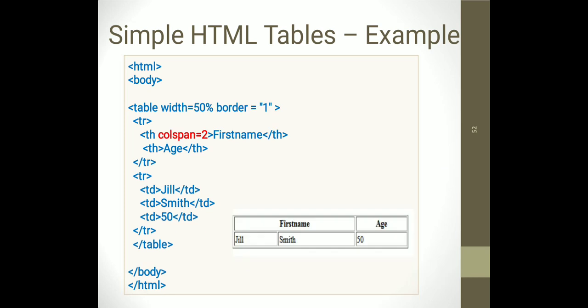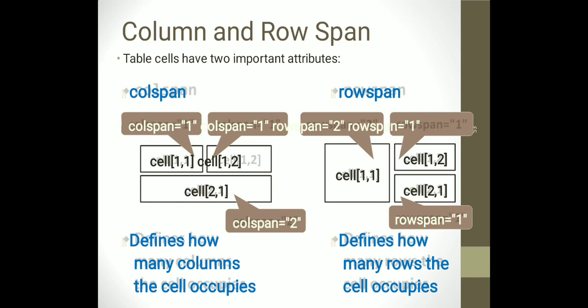So all these things also we have learned with explanation. Then colspan and rowspan are used. Okay, so colspan and rowspan are used for combining any two cells. Colspan defines how many columns the cell occupies, and rowspan defines how many rows the cell occupies.